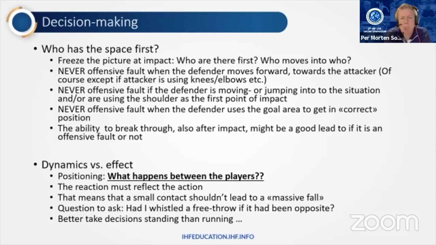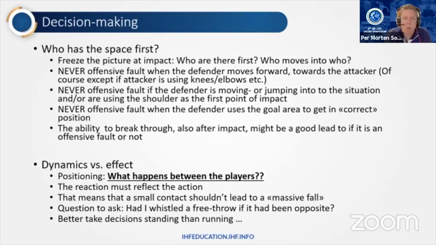Now we speak more generally. It's never an offensive fault if the defender is moving or jumping into the situation. That means he might come from the side and try to cover the space. But if he's not there early enough, he's moving or jumping into the situation. He's not standing there.